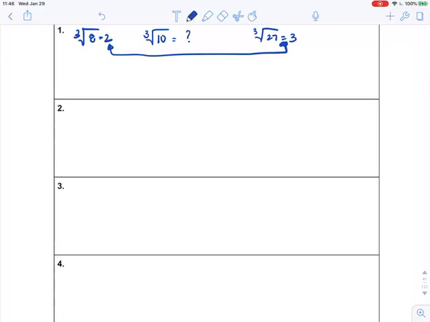It says, number 2, which number in part 1 is closer to cube root 10?